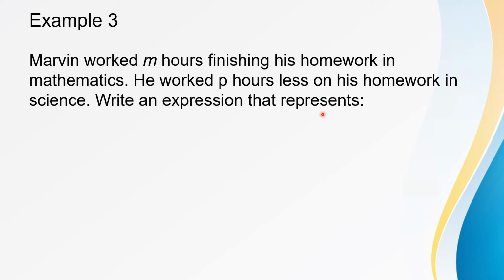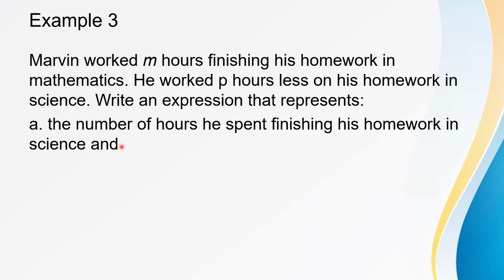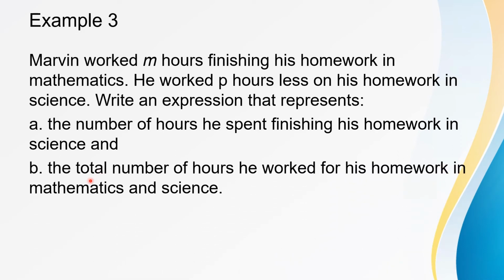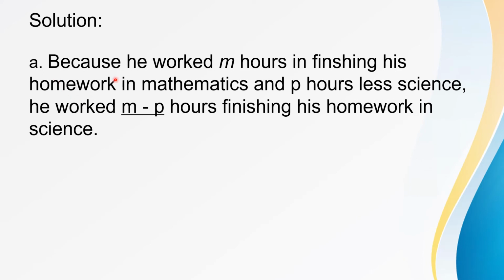Write an expression that represents A, the number of hours he spent finishing his homework in science, and B, the total number of hours he worked on his homework in mathematics and science. So let's have the solution. Because he worked M hours in mathematics and P hours less in science, he worked M minus P hours finishing his homework in science.